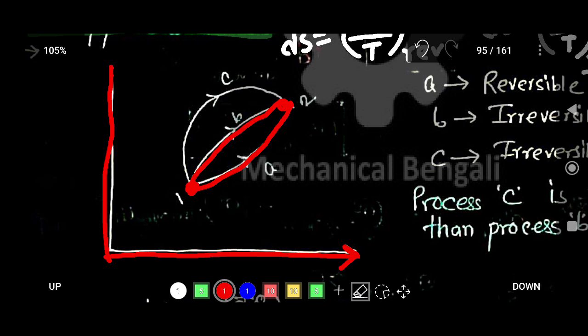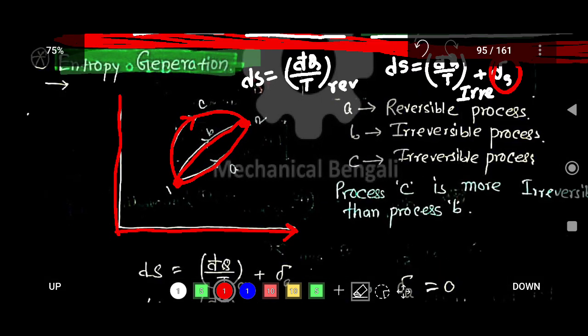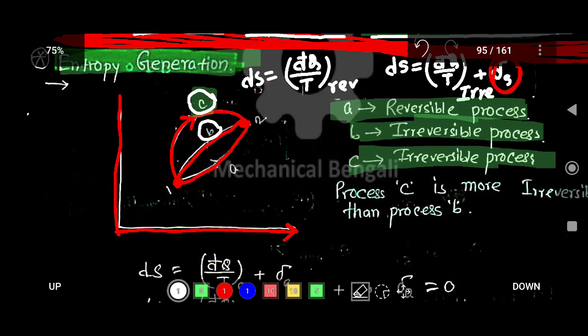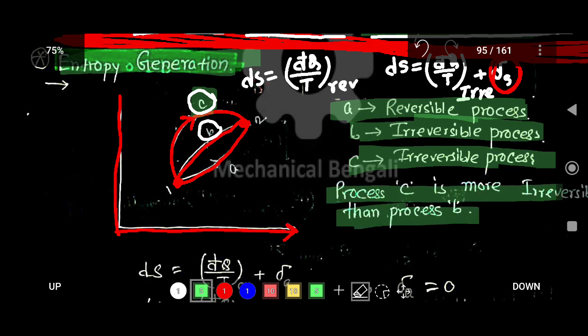Process a is a reversible process, process b is an irreversible process, and process c is also irreversible, but process c is more irreversible than process b.